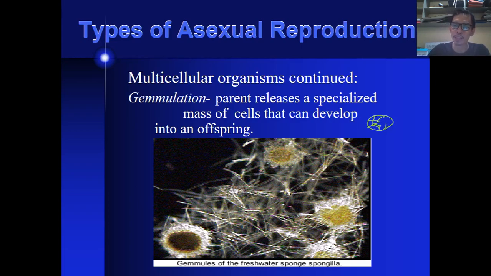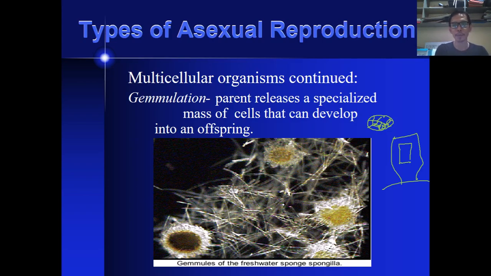Then that mass of cells will float around following the water current and will attach itself to a rock. Then it will develop into a new sponge. So this mass of cells that we have right here will become a new sponge.